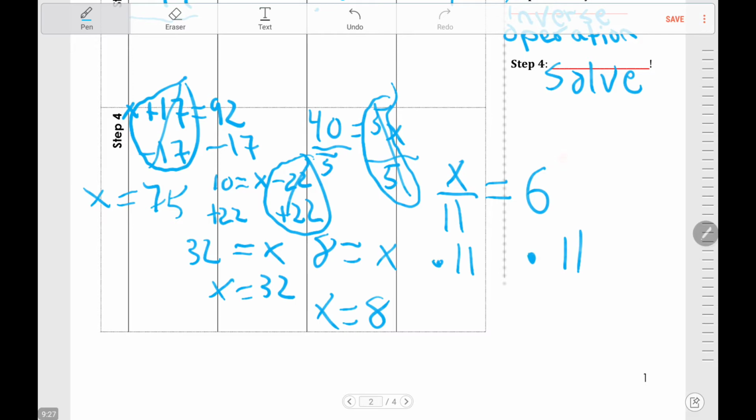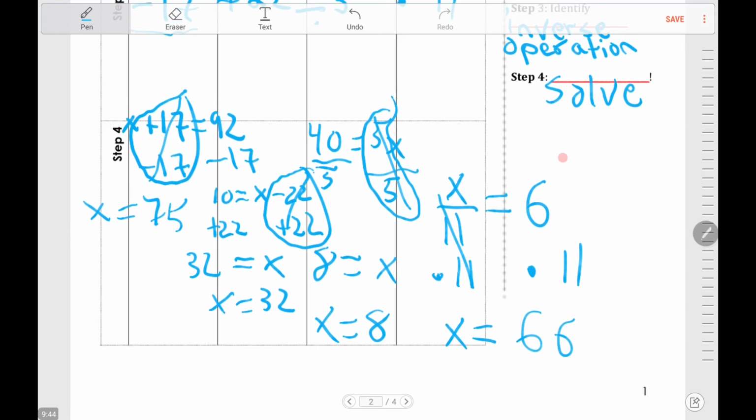Times 11. Okay. These go away. We have x alone. What's 6 times 11? 11 is my favorite number to multiply by. And there you go. Got 3 things. So good luck.